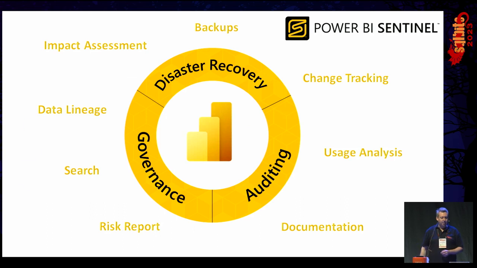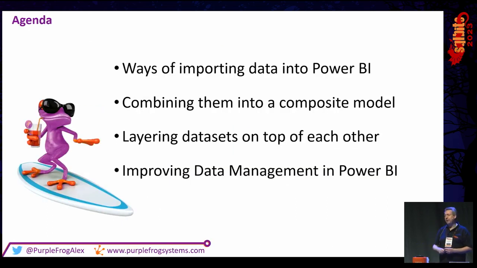This session is about complex and hybrid models in Power BI, how to take Power BI to another level, really allowing you to manage it better by better using different ways of getting data into it. So we're going to be looking at ways you can get data into a Power BI dataset. We are going to be going back to square one, something that all of you will know. So don't worry, it's going to start basic and then layer on top of that.